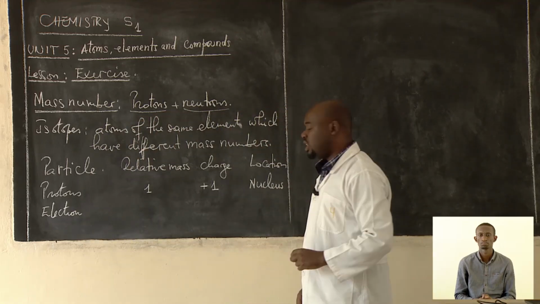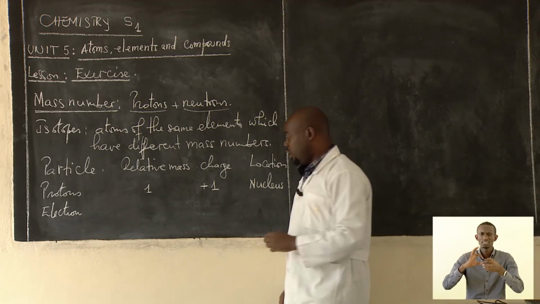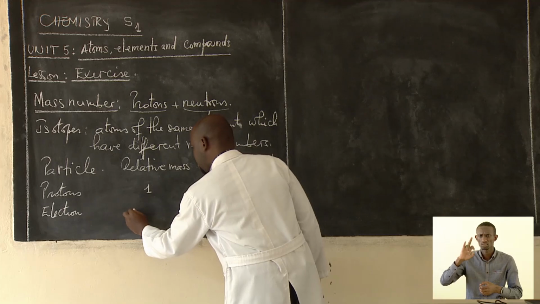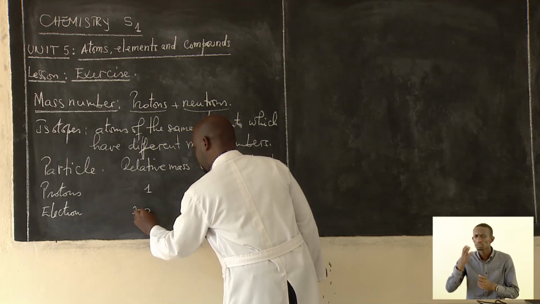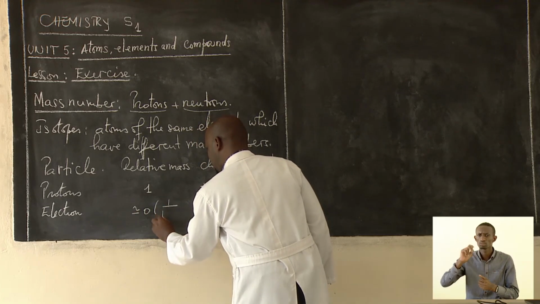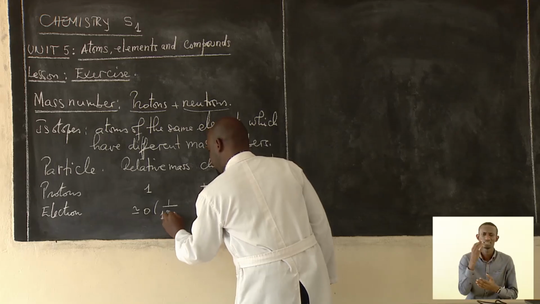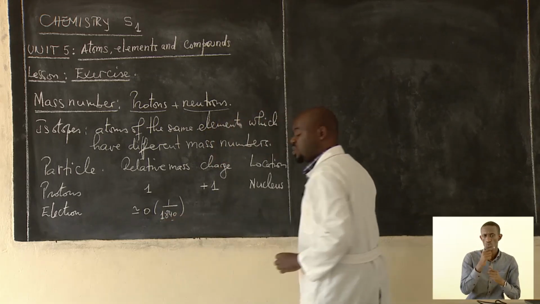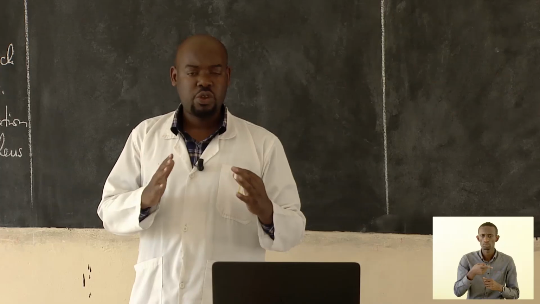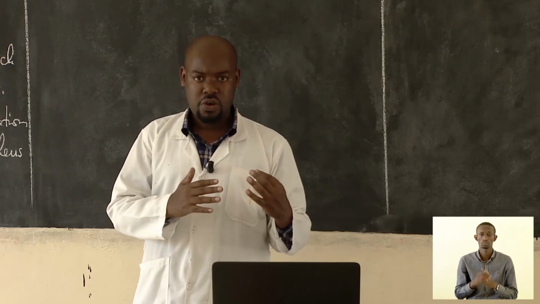And what is the relative mass of the electron? The relative mass of the electron is approximately 0, because it is 1 over 1,840. So this is very small, and we consider it to be almost equal to 0.